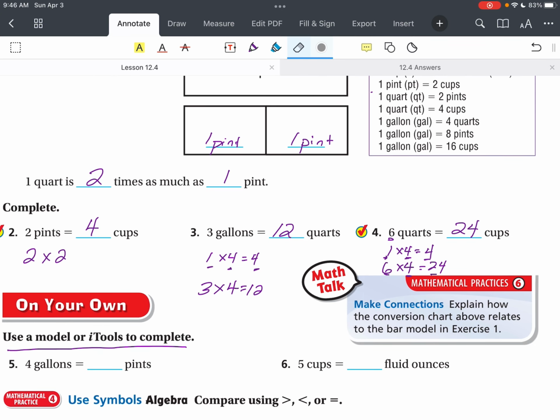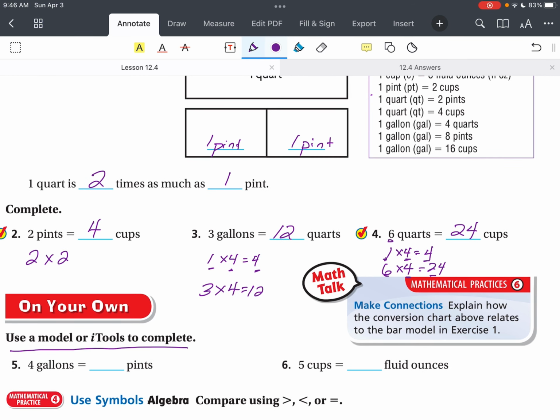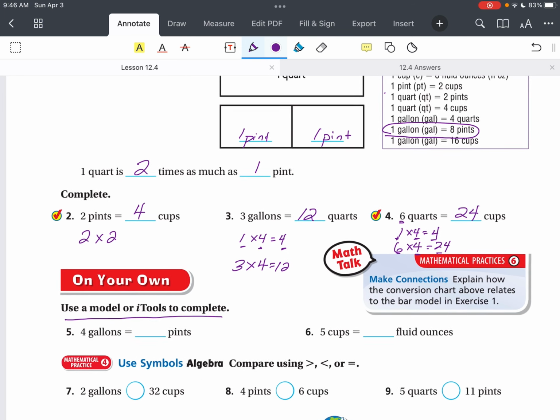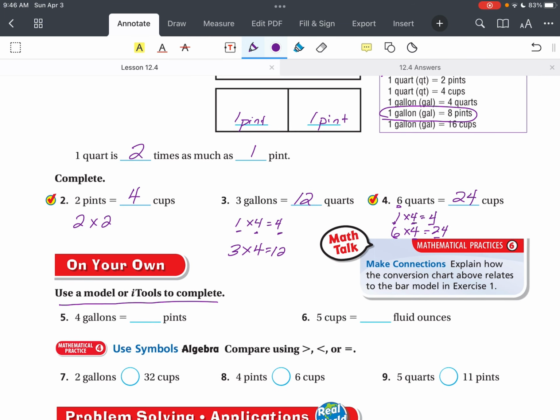So I'm going to look at gallons and pints. Here we go. 1 gallon equals 8 pints. So we need 4 times 8, and that's going to equal 32. So 4 gallons would equal 32 pints.